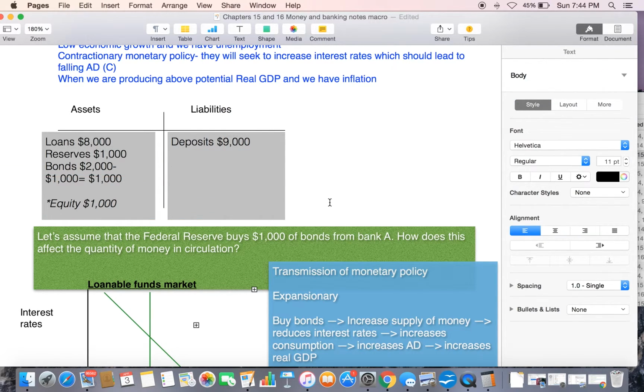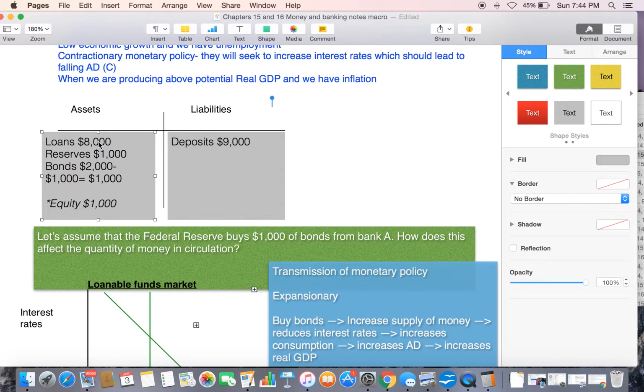Required reserves must be held as balances at the Fed or in vault cash, but bonds don't qualify as vault cash. So if we're holding bonds, they don't serve as a reserve. But once we have more cash, it falls into our excess reserves and can then be lent out.